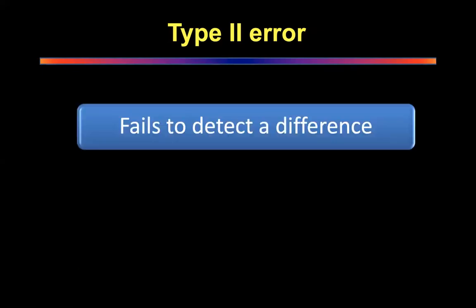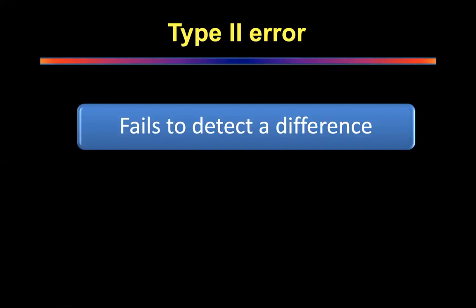So there are two types of errors which you have to know. There's a type 2 error and a type 1 error. Just stay with these two slides and we will come back to it a bit later. A type 2 error is when there was a difference and your study failed to detect the difference.